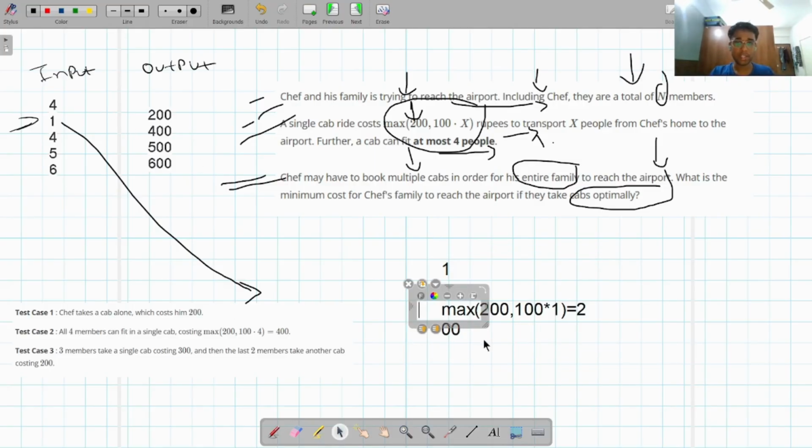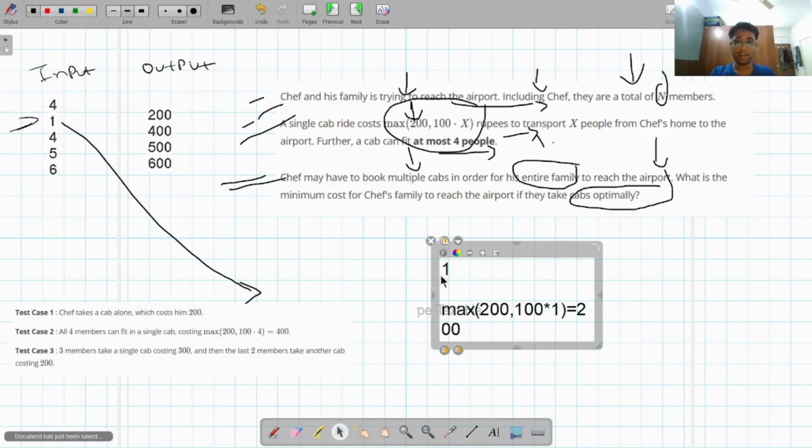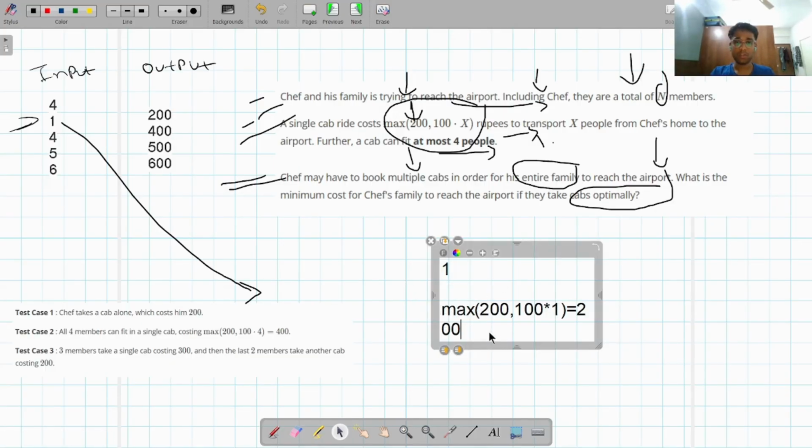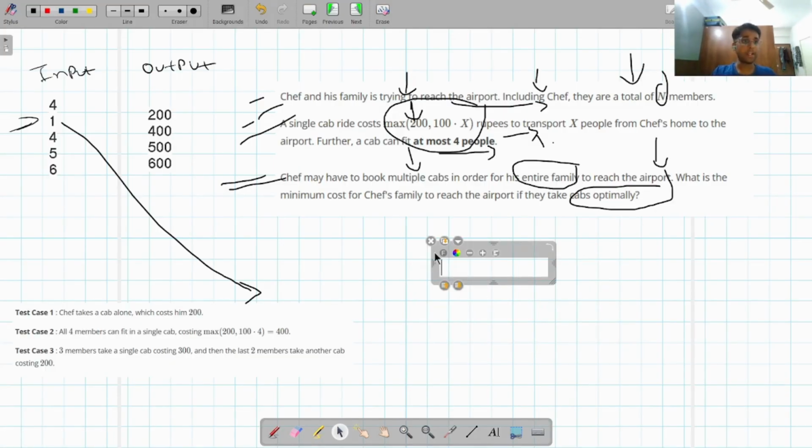Now let's see one more test case, guys. In the second test case, we have a total of 4. If we take 4, a single cab can fit all 4 members.